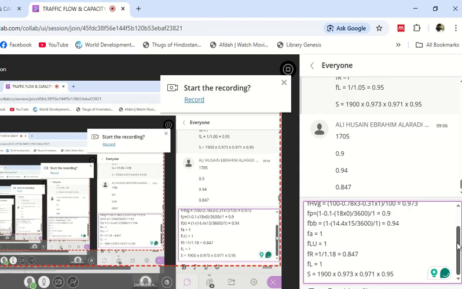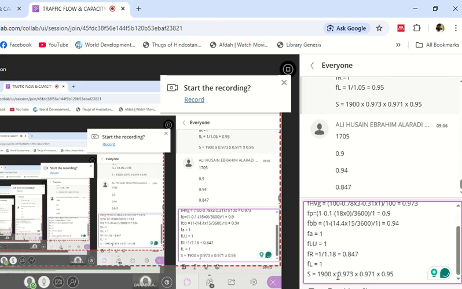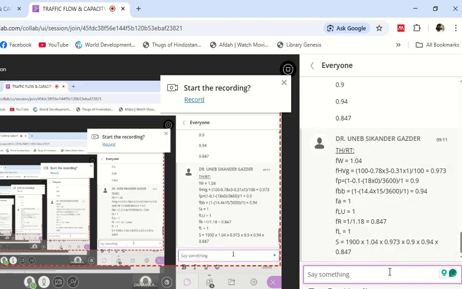So if I look at it now, I'm multiplying 1.04, 1973, then 0.94, then 0.847. How much is this?